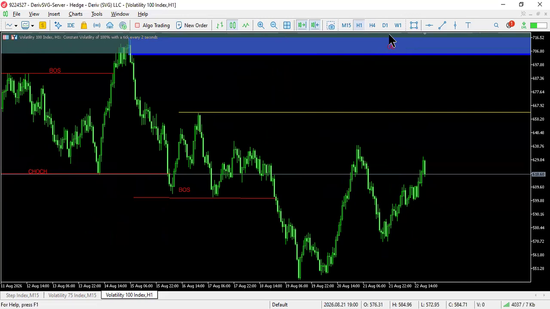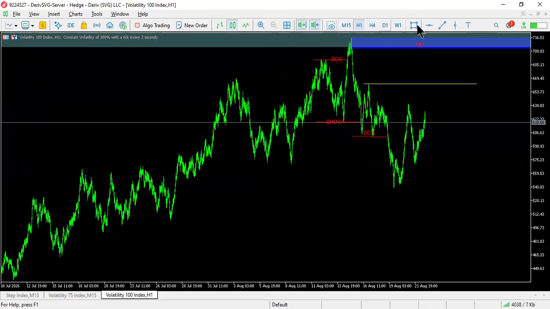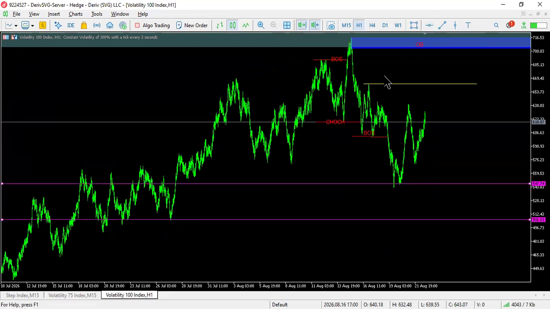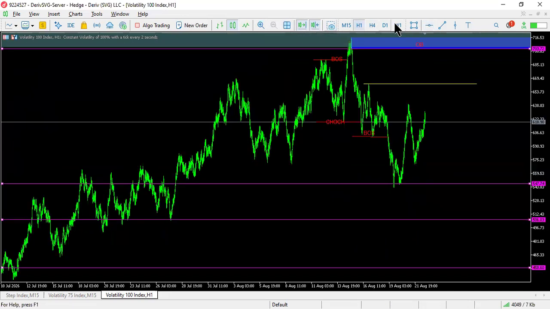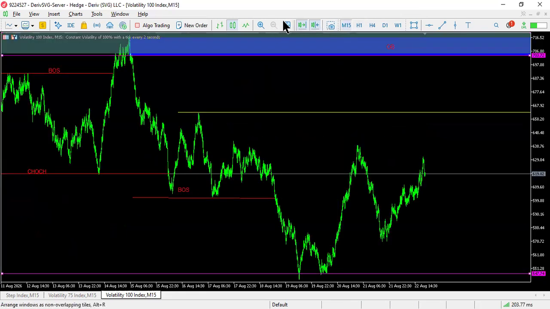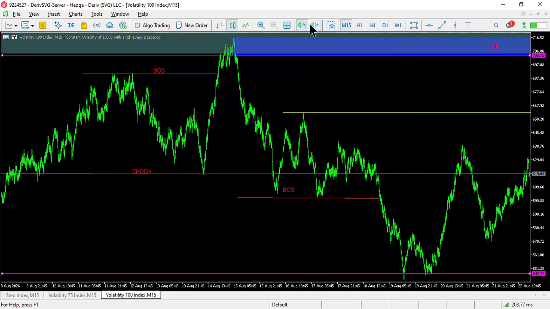Now, for the coordinates, you can go ahead and place a sell limit. Or rather, let me scale it down to the 15-minute time frame and see.